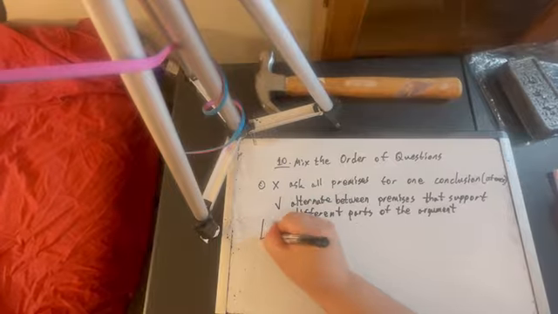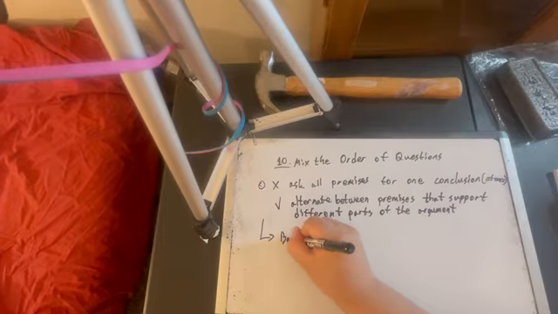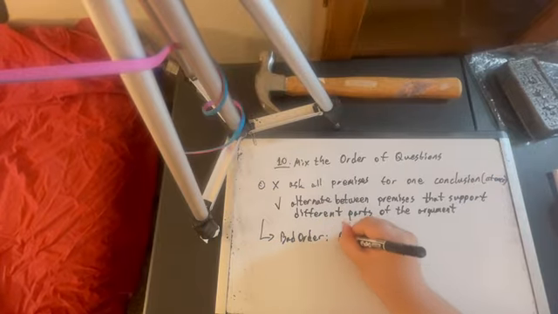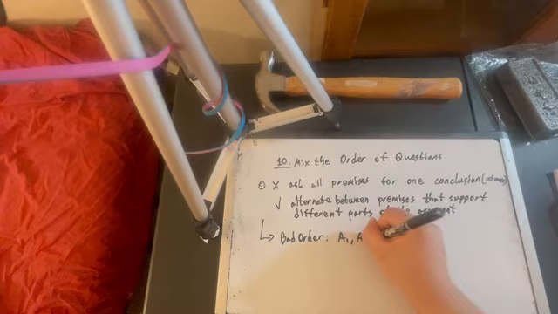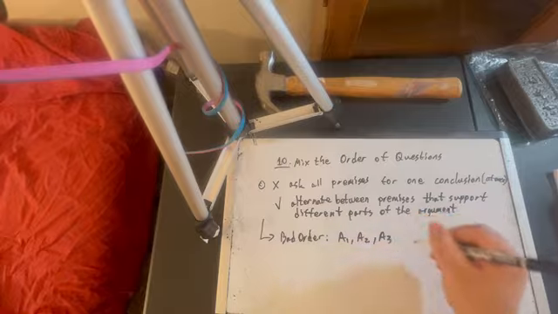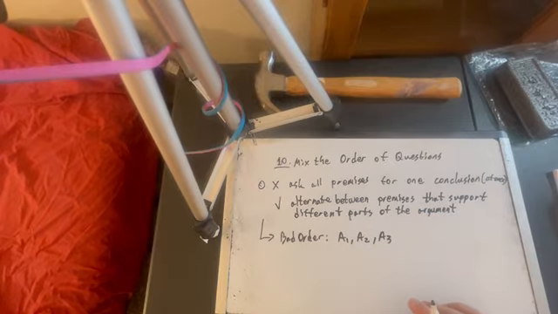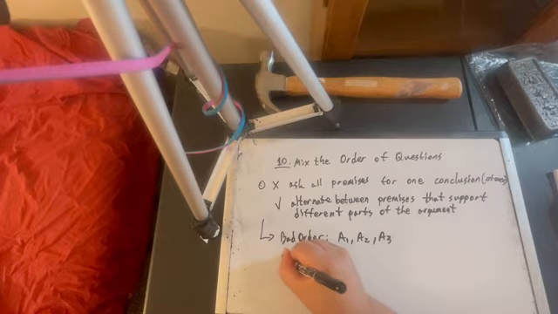Right, so a bad order would be something like, okay, A sub 1, A sub 2, A sub 3, right? Going to deal with the conclusion there.